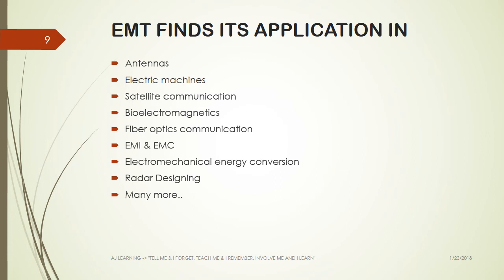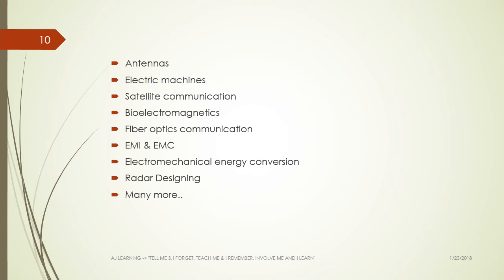You will find the application of EMT in more than 180 fields. I have mentioned only a few fields here. So you can decide by yourself that this course is very basic for many types of electrical as well as electronics fields.